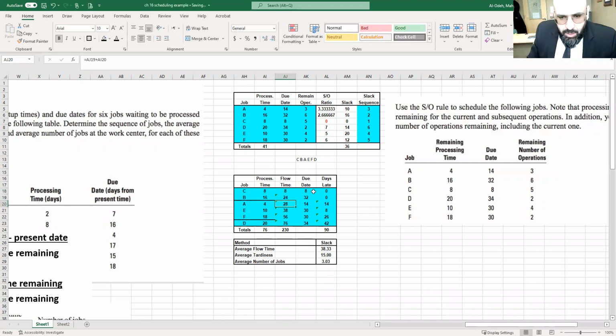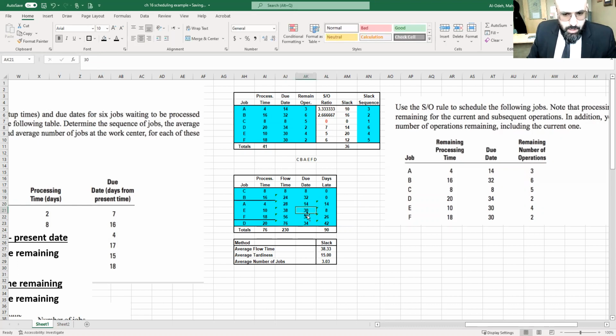Now, the last thing that we need to do is compare the due date with the flow time and see if there's any delay. It looks like the flow time is 8 and the due date is 8 here. There's no delay. 24 and the due date is 32. There's no delay here, so 0. The due date here would be 14, and now we are at 28, so there are 14 days of delay.